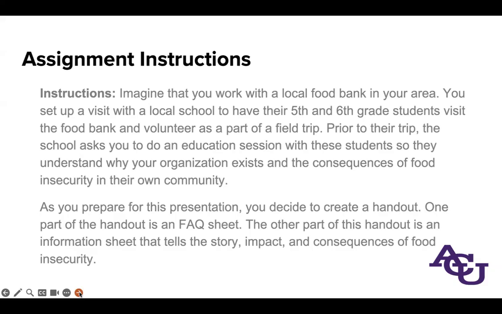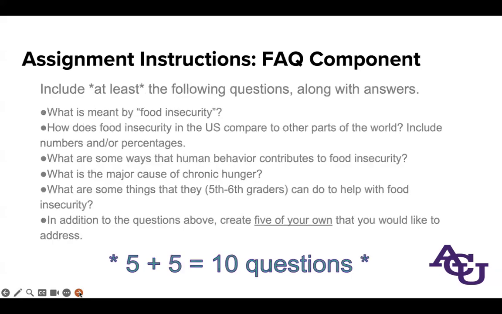And realize that some of these students may be dealing with food insecurity themselves. As you prepare for this presentation, you decide to create a handout. One part of the handout, FAQs. The other part of the handout is an information sheet telling the story, the impact, and the consequences of food insecurity. So let's jump into the FAQ component.